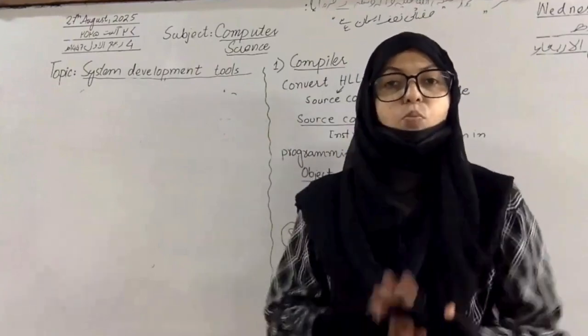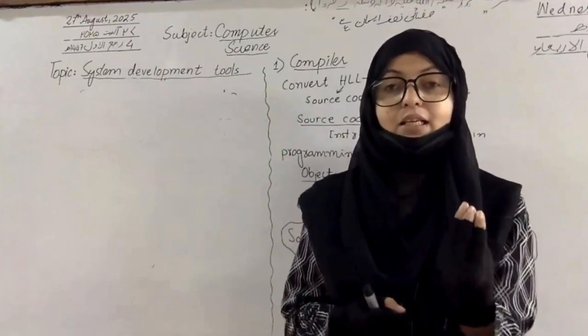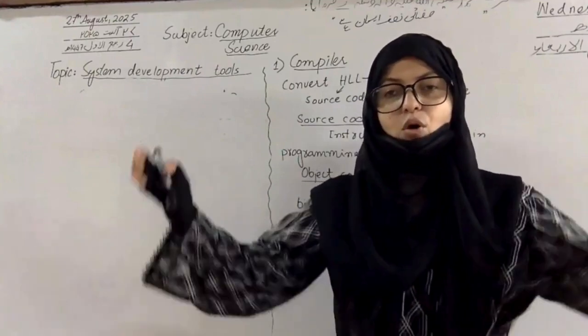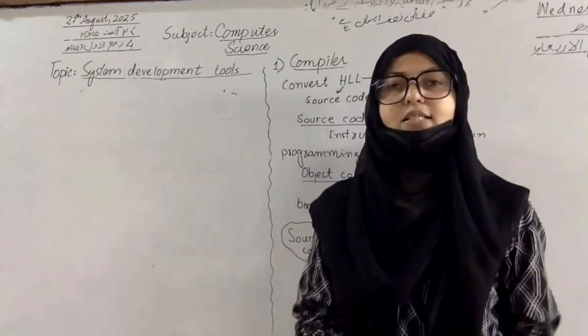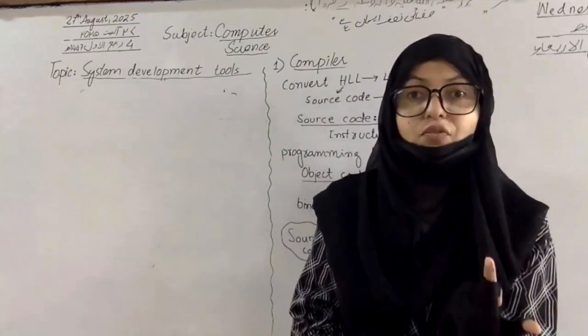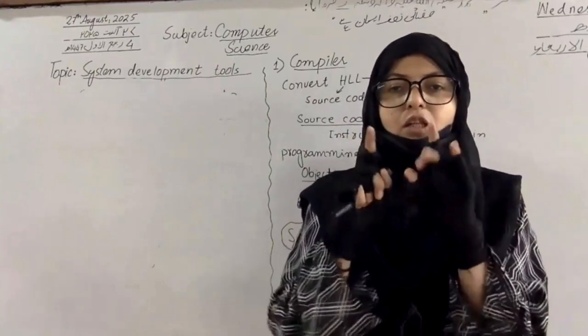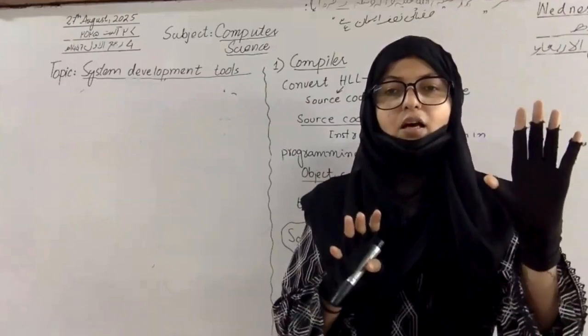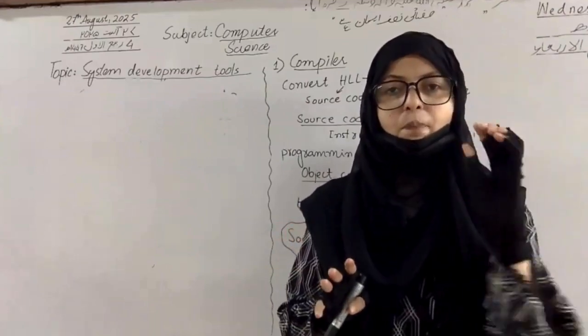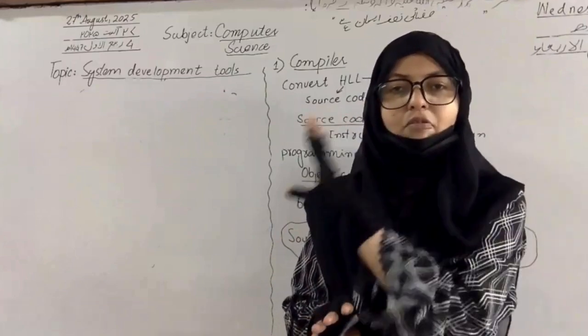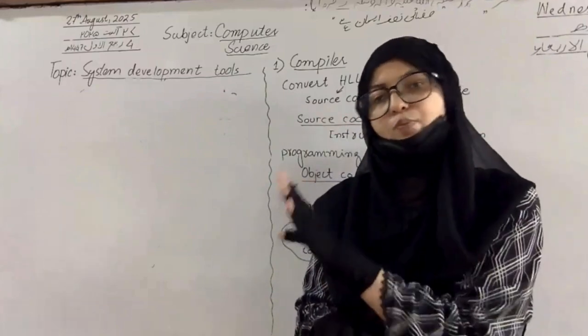Obviously to link, but what to link? A linker is a program that combines two or more related object files into a single file. An object file is a file that has the object code in it. If we place the whole object code in a file, that file is known as an object file.